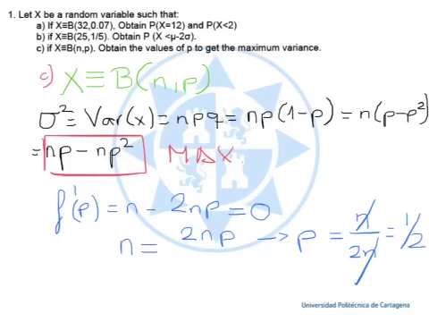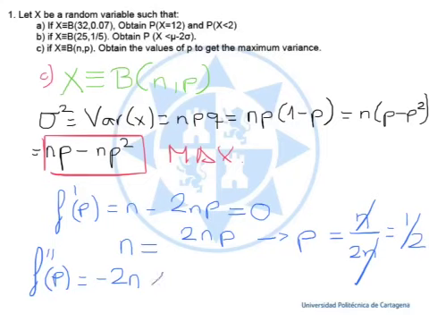So now we just have to check that this is a real maximum. To do that, we do the second derivative. So this is equal to minus 2n. And as we know that n is the number of experiments, we know that n is always positive.